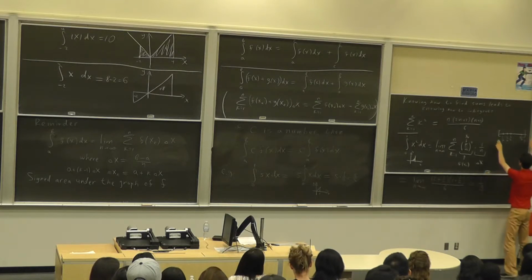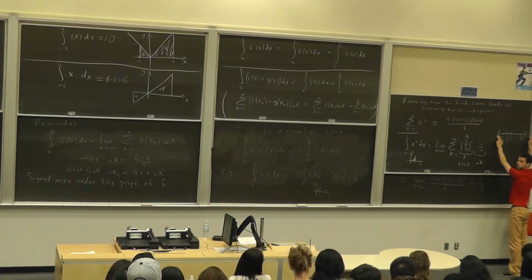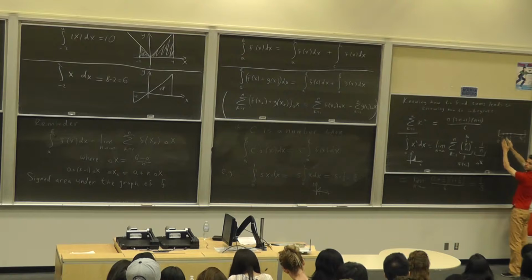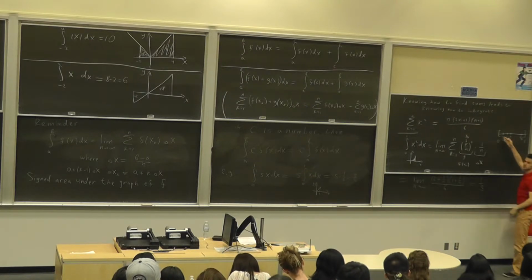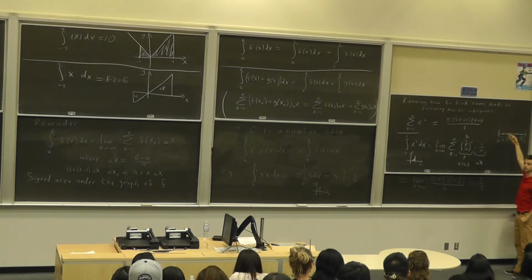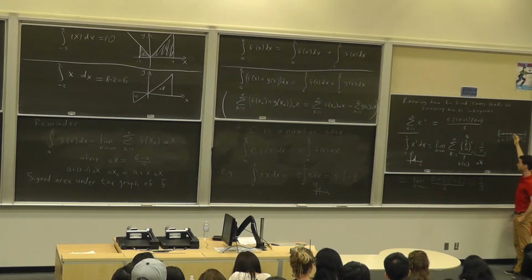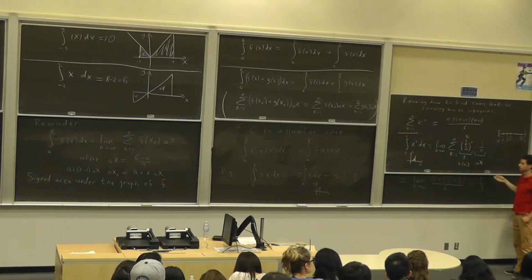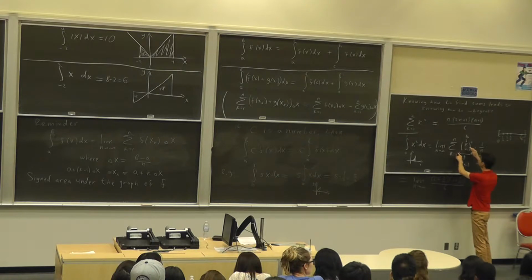And then I look at this interval from 0 to 1. It's divided into n equal parts. And I ask the question, what is the coordinate of the right endpoint of the kth subinterval? So for the first one, it's 1 over n, the second one is 2 over n, the kth endpoint is k over n. And after this, I evaluate my function, which is this one.